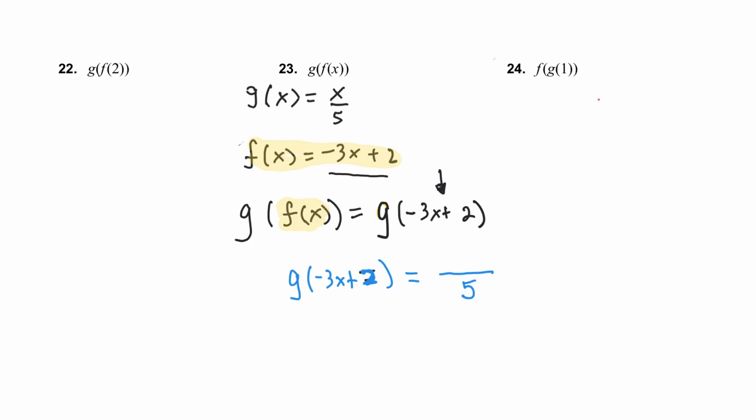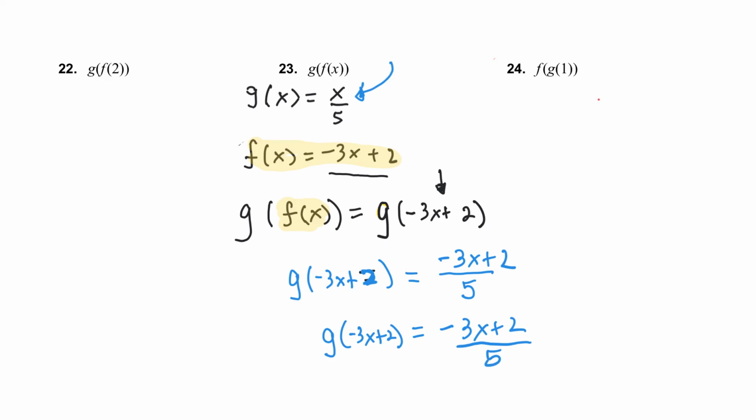So now the variable x is going to be replaced, or substituted, with negative 3x plus 2. And that's it. You're done with this problem. You don't have to go any further. G of negative 3x plus 2 is going to be negative 3x plus 2 divided by 5, and that's it.